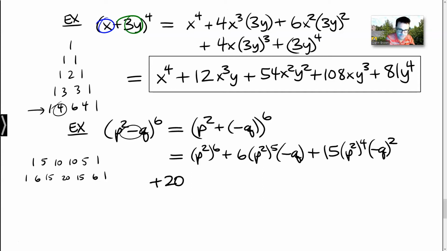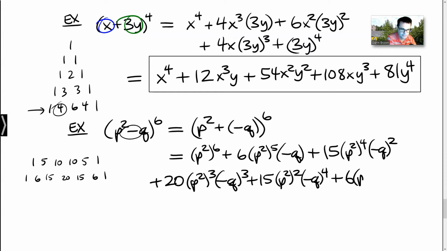So then we've got a 20 (p squared) cubed (minus q) cubed plus another 15 (p squared) squared (minus q) to the 4th plus 6 (p squared) to the 1st (minus q) to the 5th, and then finally plus (minus q) to the 6th.